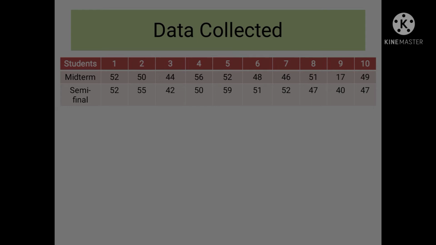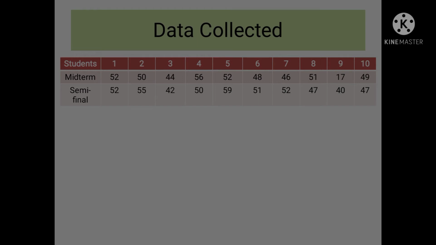Student 1 got midterm 52, semifinal 52. Student 2, midterm 50, semifinal 55.